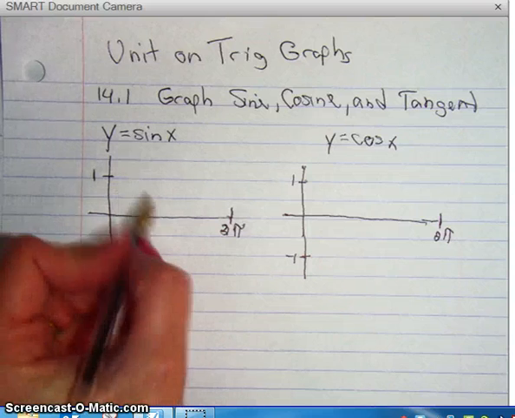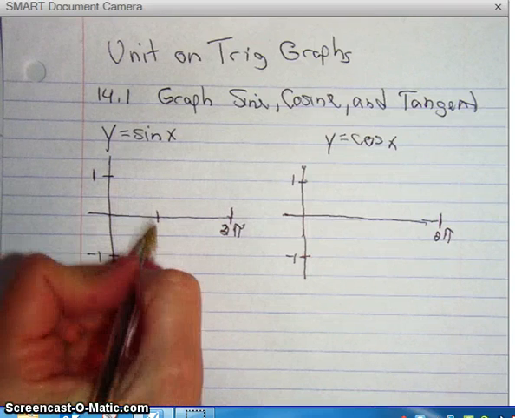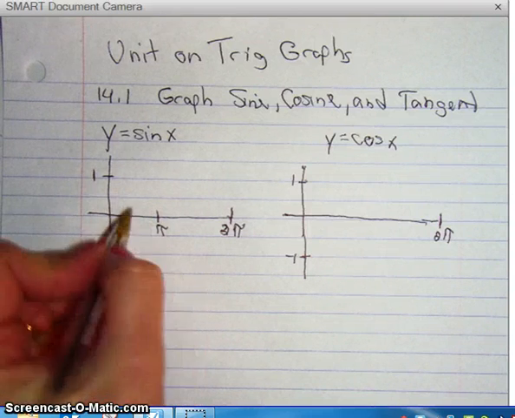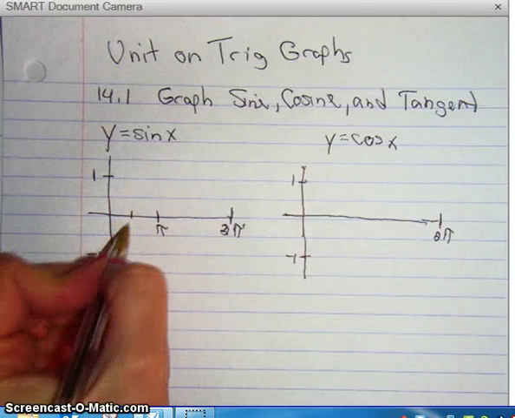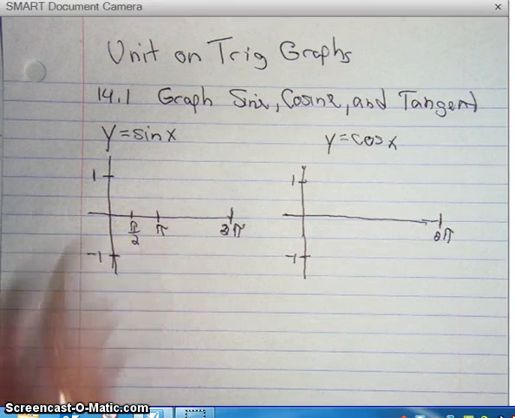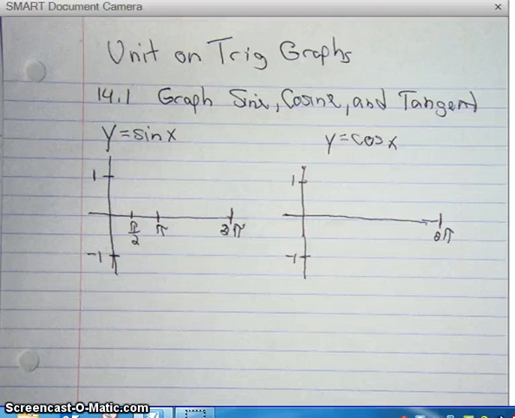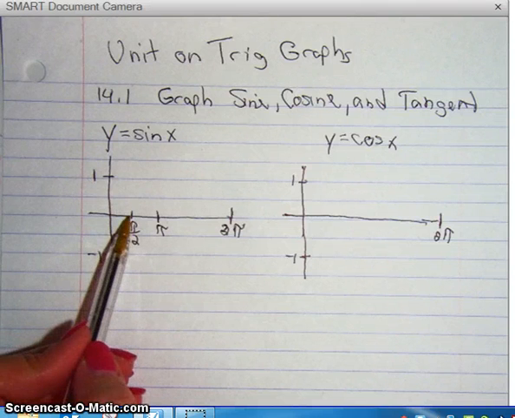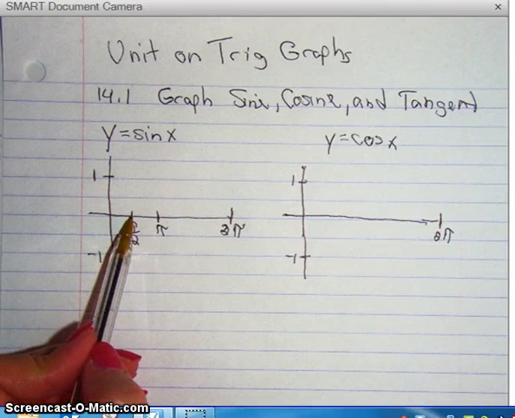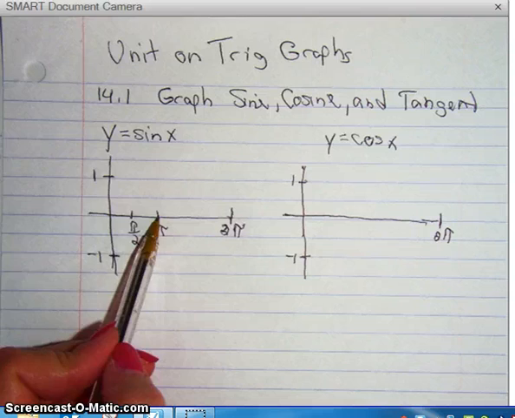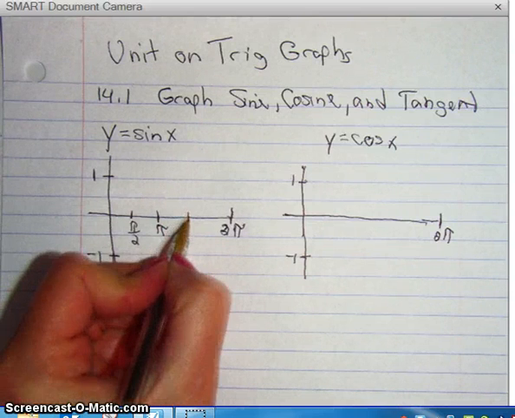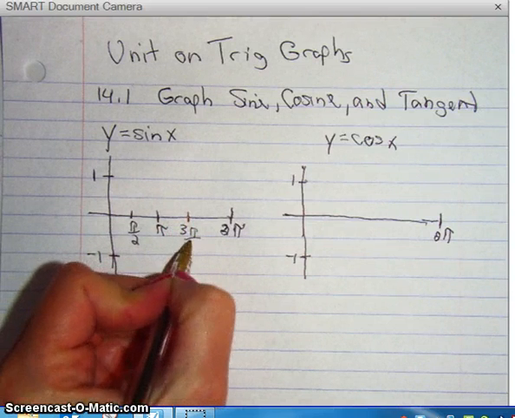So half of 2 pi is pi, and half of pi is pi over 2. And once you have that first tick mark of pi over 2, then all the other tick marks will be counted. You just count. 1 pi over 2, 2 pi over 2. So each tick mark is another pi over 2. So 1 pi over 2, 2 pi over 2. Next one, gang. There you go.